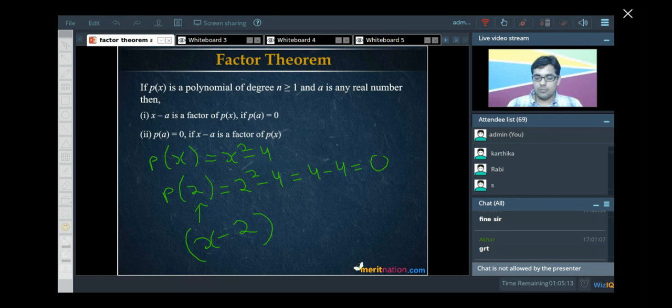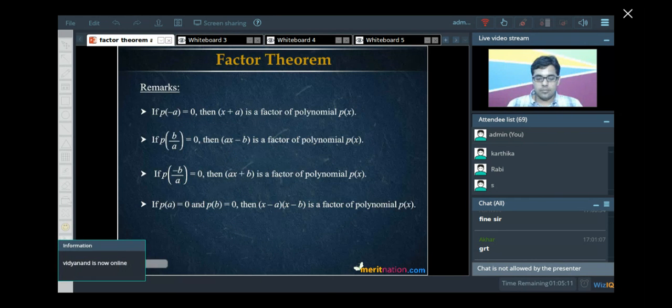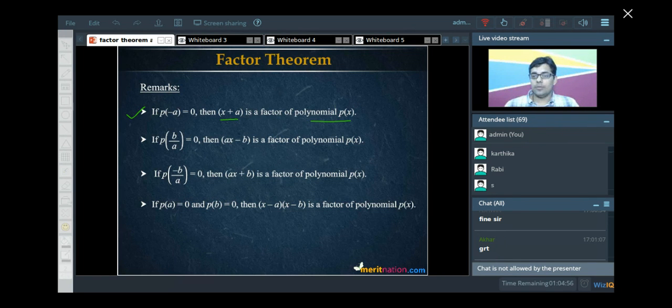Next we will have remarks about the factor theorem. Let's see what the first remark says. x plus a is a factor of polynomial p(x) if p(minus a) equals 0.